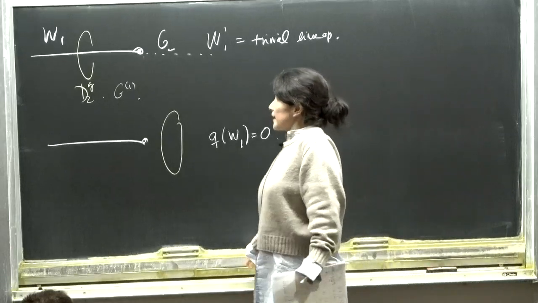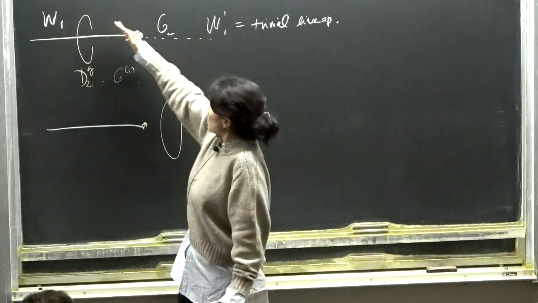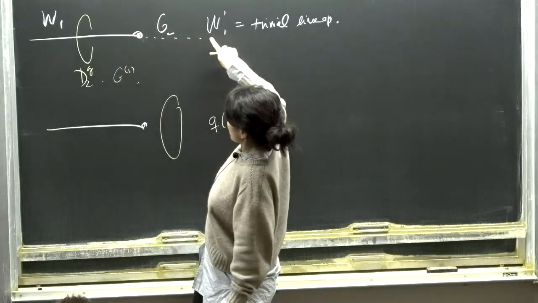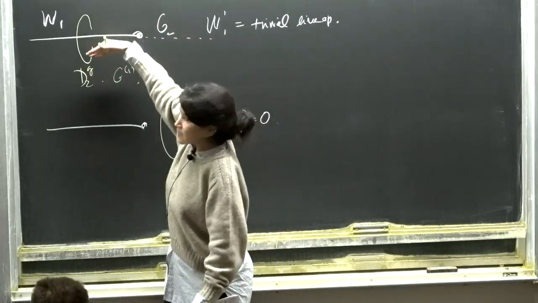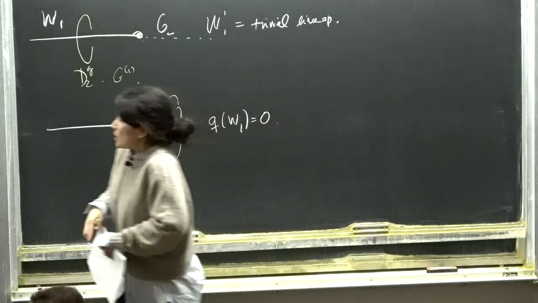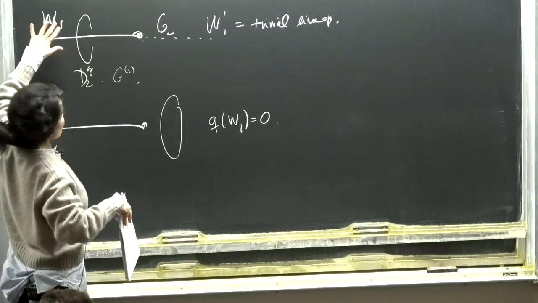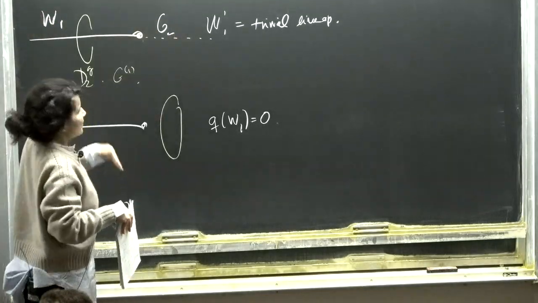So in fact, a line operator that ends, or has a junction to the trivial Wilson line, screens this one-form symmetry. So in this sense, this equivalence relation accounts for these types of lines that can end, okay? So the charges are basically all the different line operators modulo these junctions that the theory can have.